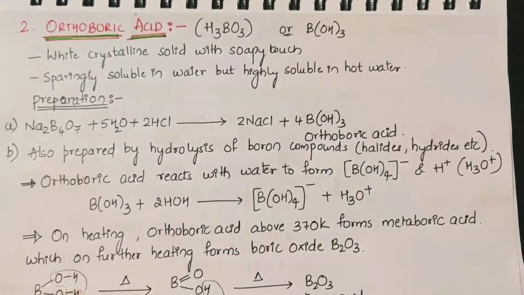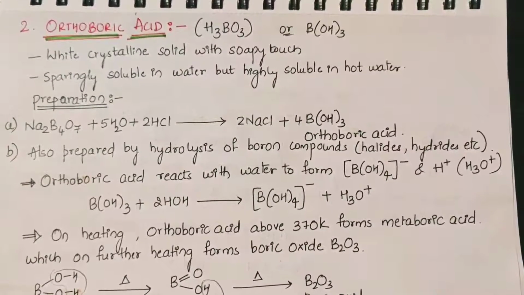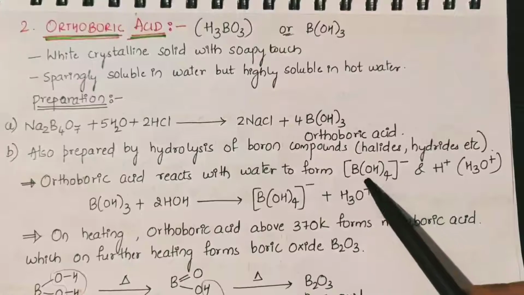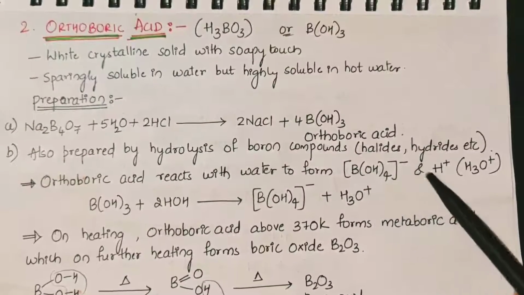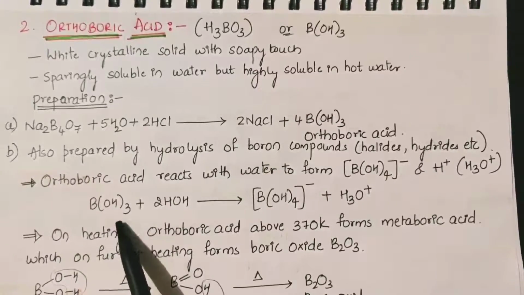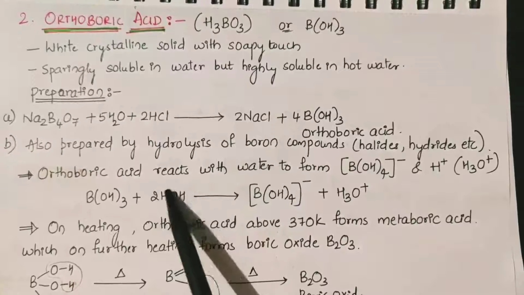You can also prepare it by hydrolysis of boron compounds, either halides, hydrides, etc. Orthoboric acid, if it reacts with water, will form B(OH)4 minus and H plus. Here you can see the reaction: I make orthoboric acid react with water.